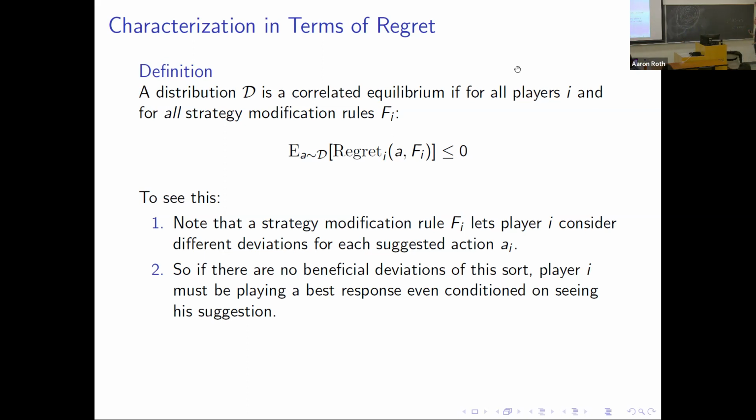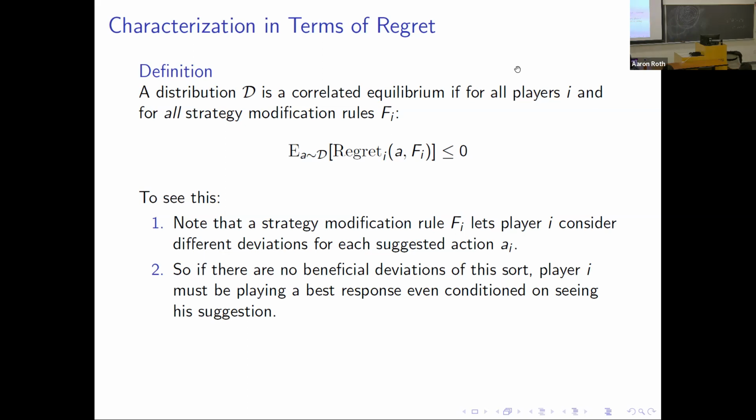Well, the only way that can be true for every backseat driver is if, in fact, the action you played, which in a correlated equilibrium was equal to the suggested action you were given, really was a best response given the suggestion. If D is a correlated equilibrium, what that means is that even conditional on seeing your suggestion, even conditional on the action you're supposed to play, that action is a best response.